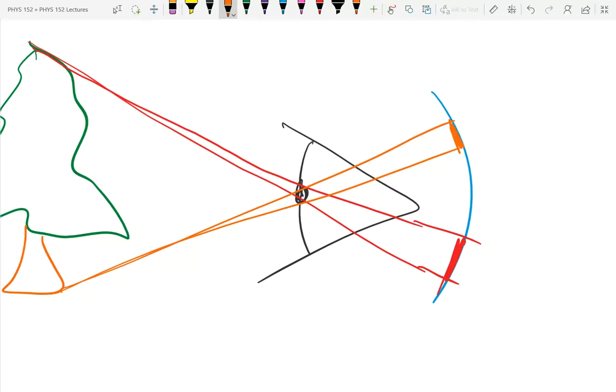And if the size of the opening gets smaller, what's it going to do to the size of the region that I scratched out for the top and the bottom? It's going to make them smaller. And so if the size of the hole gets small enough, you're always going to have a perfect focus, because you would only have one place where the top is, only one place where the bottom is.